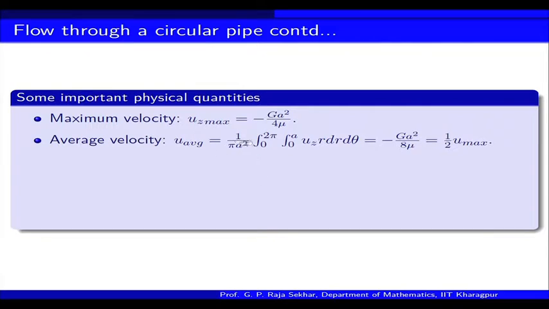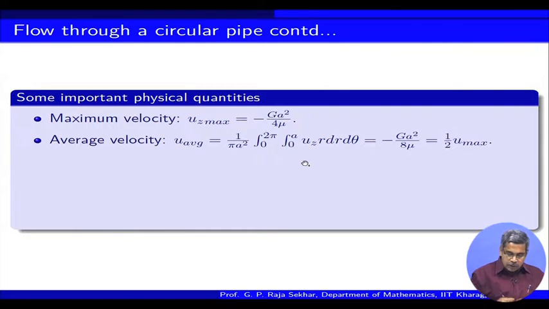Then the average velocity. This is interesting. What have we done? We have taken the corresponding surface element, integrated the velocity and normalized by the area of the corresponding cross section. That is the average velocity.